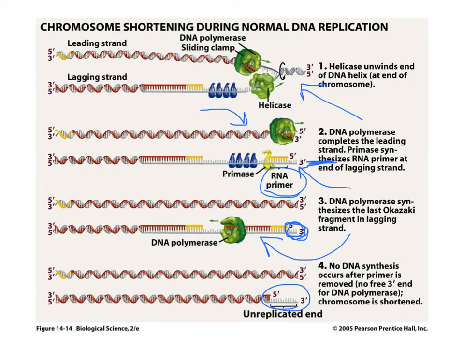Well, imagine if you lost DNA every single time. Imagine here there's only a small area that is unreplicated. But if that was unreplicated, then the next time this part wouldn't be, then the next time this part, and so forth and so forth, you'd get a part where you would be missing a significant part of the DNA. So this becomes a problem if it's left this way. So what can the cell do?